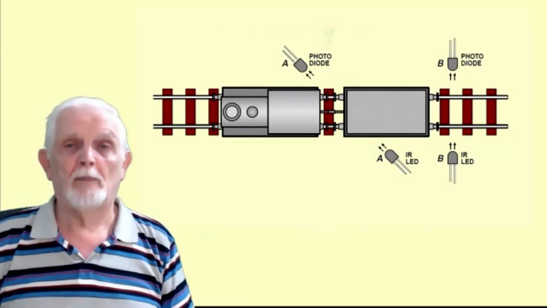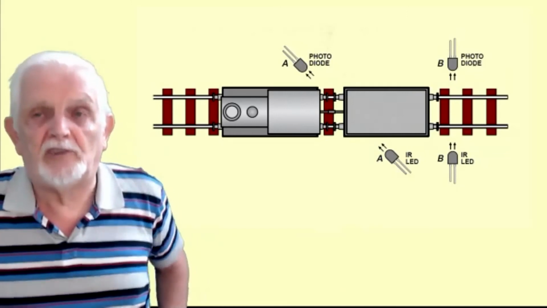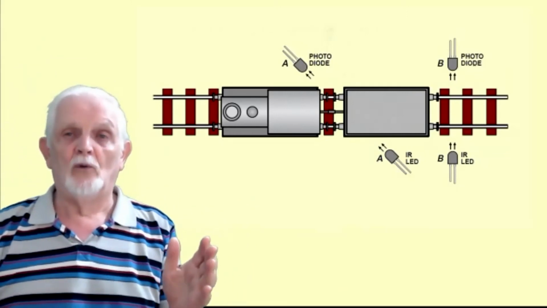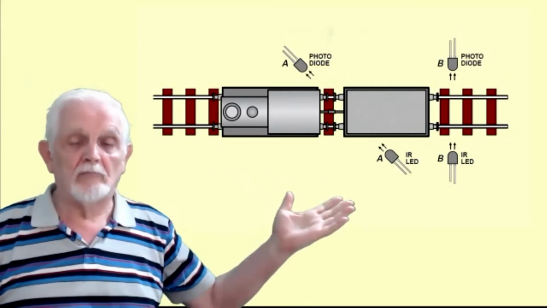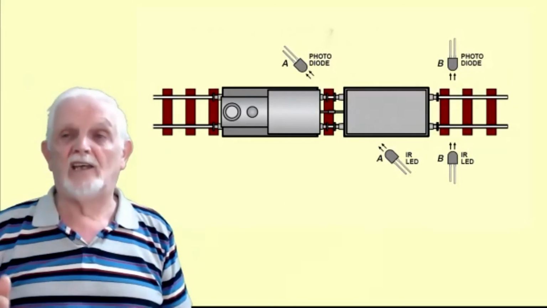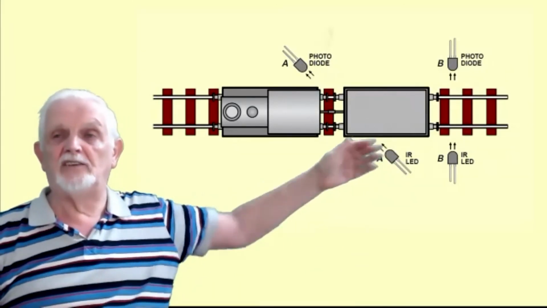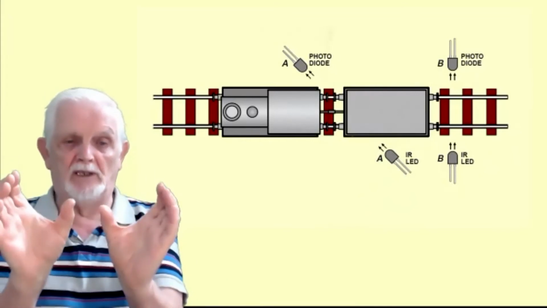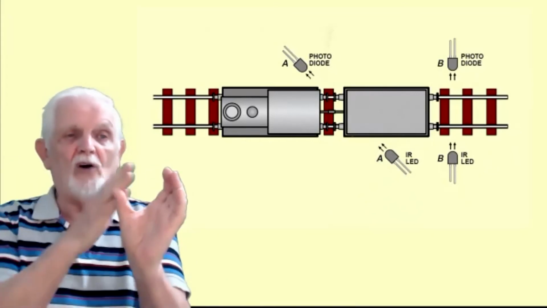But if you're trying to, for example, detect a train to keep a barrier gate closed, then you can't have it, as you see on the right-hand side, because what's going to happen is you're going to get gaps between each of the bits of rolling stock. So it'll be on, off, on, off.